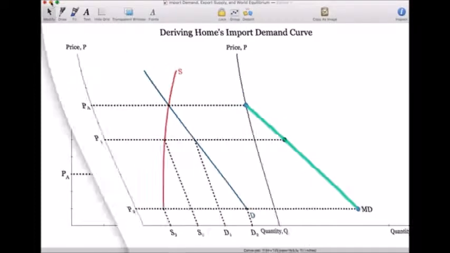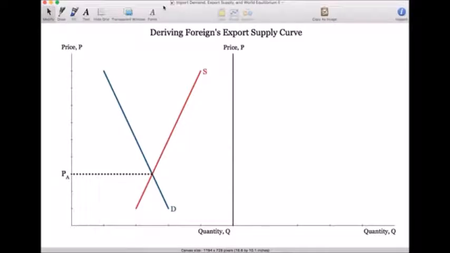We can do the same thing for export supply. Here we're going to be looking at a foreign country. So here's the supply and demand curves domestically for this foreign country, and let's assume that the world price is equivalent to the equilibrium price in this economy.